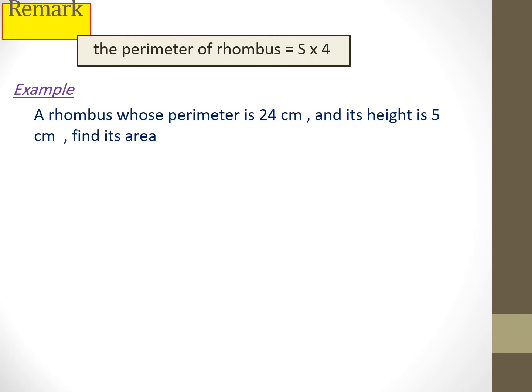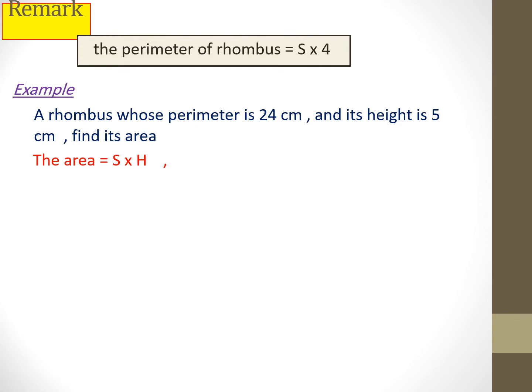A rhombus whose perimeter is 24 centimeters and its height is 5 centimeters. Find its area. First of all, the area equals side times height. We have in this example height equals 5. But where is the side?